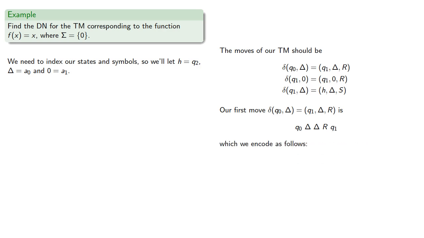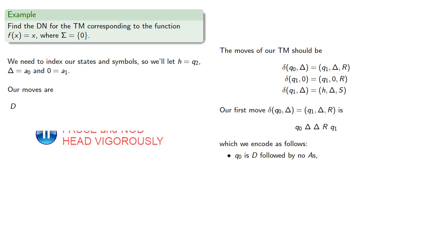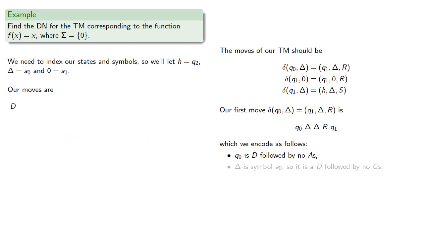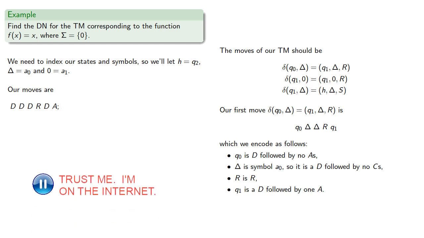And we'll encode that as Q0 is a D followed by no A's. Our blank is the symbol A0, so it's a D followed by no C's. And we print that symbol, so we do that again. Then R is just R, and Q1 is a D followed by 1 A. And our moves will be separated by semicolons.